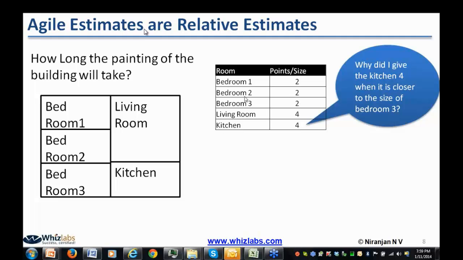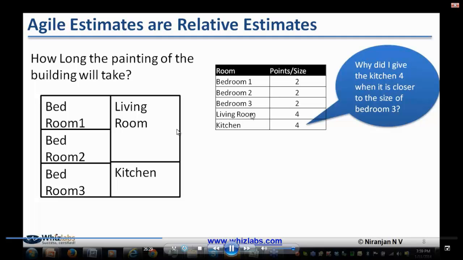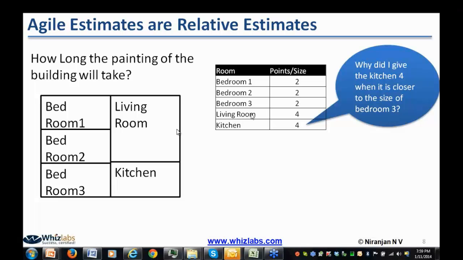Assume there are 5 features. 3 features are almost equal, they take the same amount of lines of code. So we will give 2, 2, 2. And assume there is a 4th feature which takes twice the amount of lines of code compared to the earlier features. Then it will be 4.